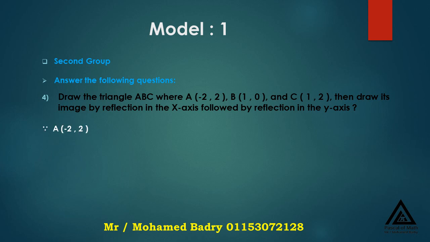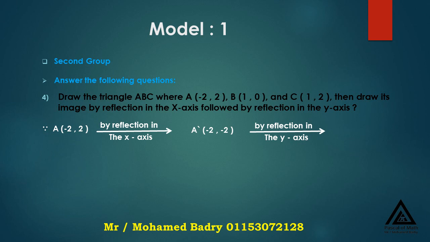Since A equals negative 2 and 2, if we want to make a reflection in the x-axis, we will change the sign of y. A dash equals negative 2 and negative 2. Now, if we want to make a reflection in the y-axis, we will change the sign of x. A double dash equals 2 and negative 2.